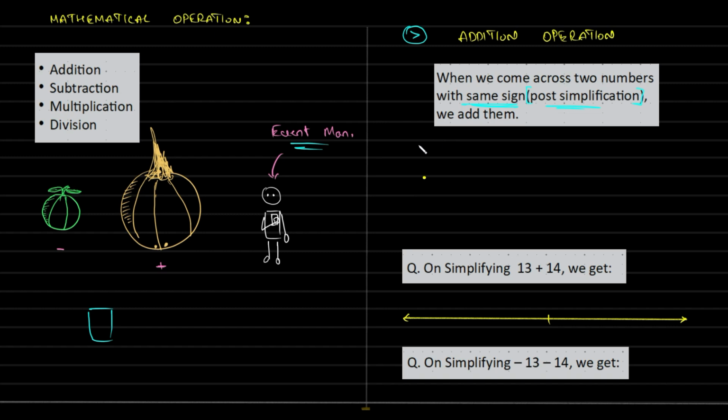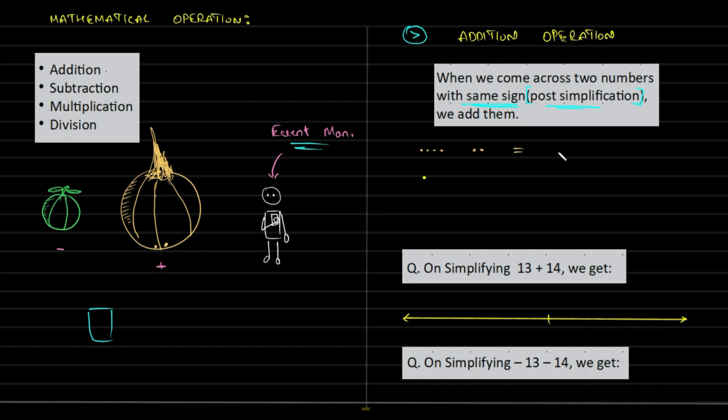It's quite simple. Say you are a helper of the event manager, standing over there. He gets bags of coconut, each bag containing around 10. Not 10, 50. Not 50, let me keep it as 100. That's easy to handle. So he gets 4 bags of 100 coconuts each and 2 more bags of 100 coconuts each.